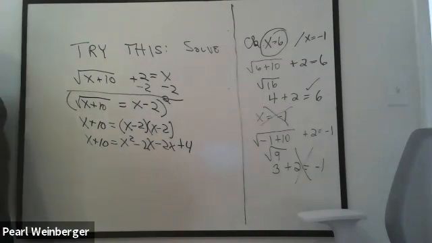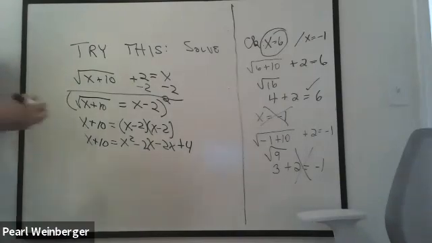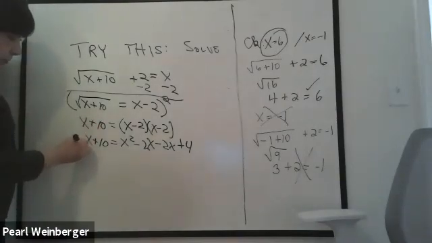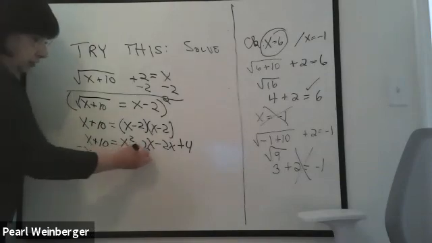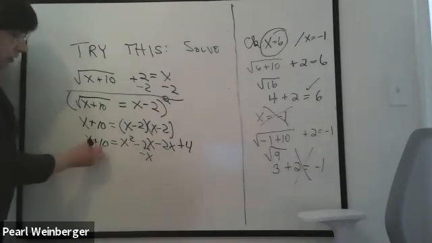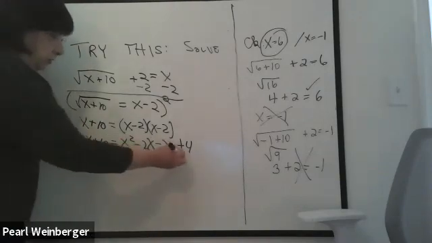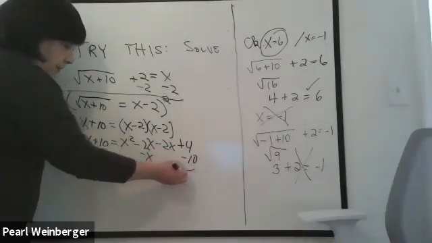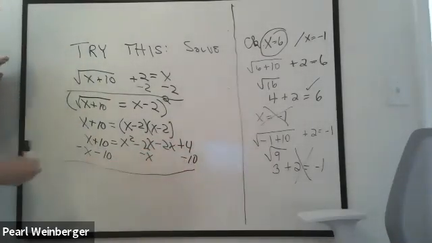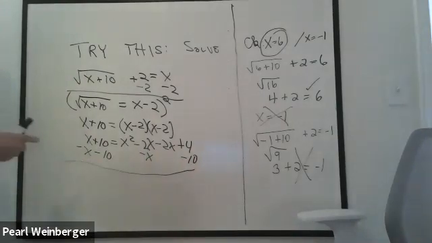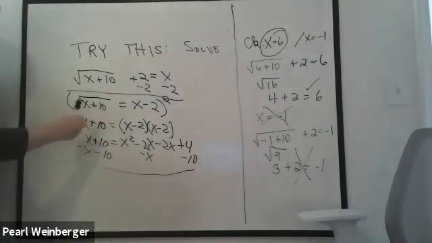And when we want to solve a quadratic equation, we want to make sure everything is equal to 0. So that means I'm going to have to subtract x from both sides. And I'm going to have to subtract 10 from both sides so that I'm taking it away from the smaller side.